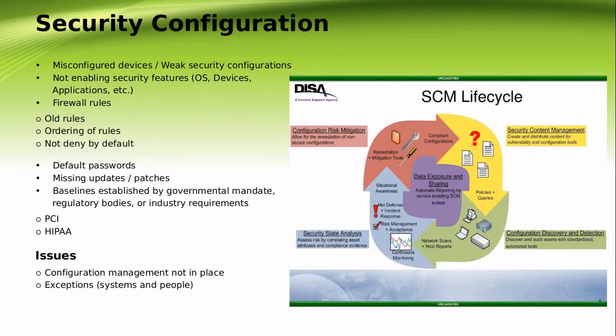Next, security configuration. Misconfigured devices and weak security configurations, such as not enabling security features. Old rules: how to update the rules to the latest ones, and the ordering of rules, which are not denied by default. Default passwords have to be changed.